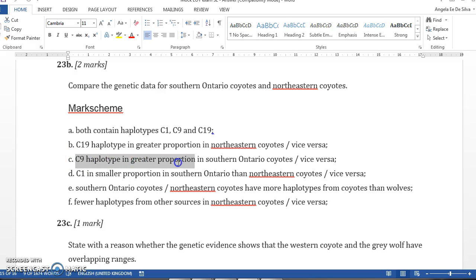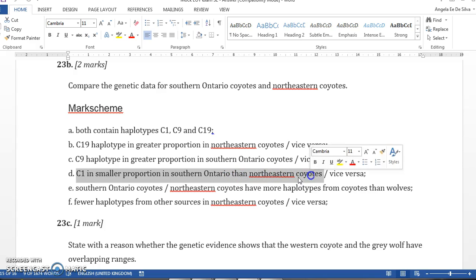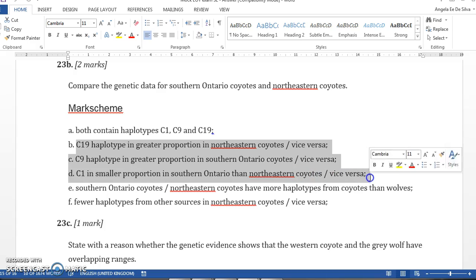Then it talks about C9 in greater proportion in Southern Ontario coyotes, and then there's C1 in smaller proportion in Southern Ontario than Northeastern coyotes. However you want to write it is up to you. But these are the direct answers that they are expecting.